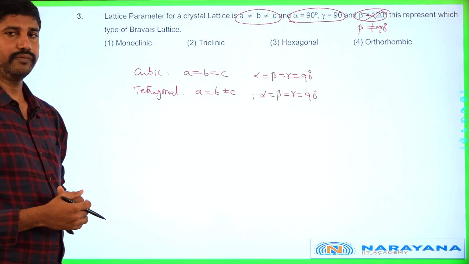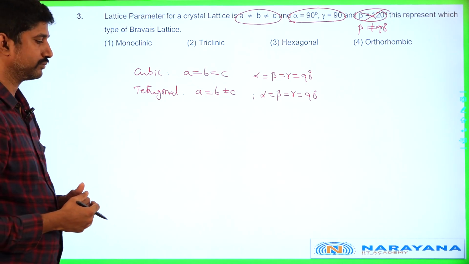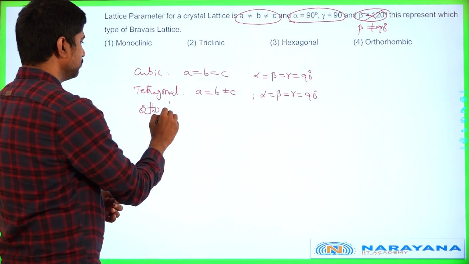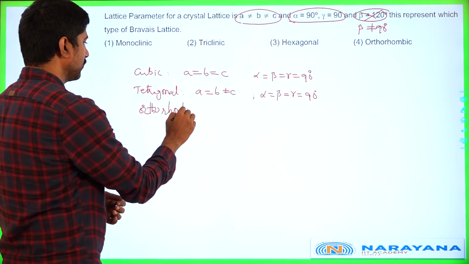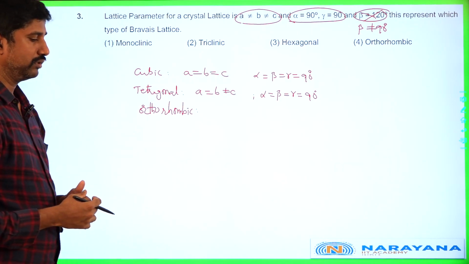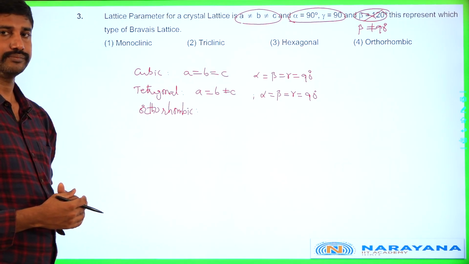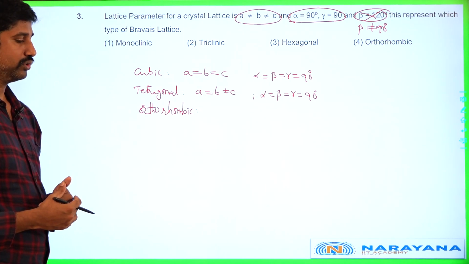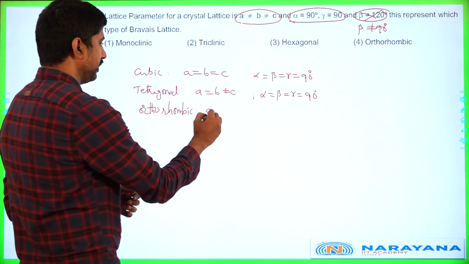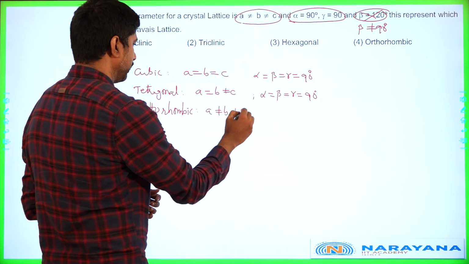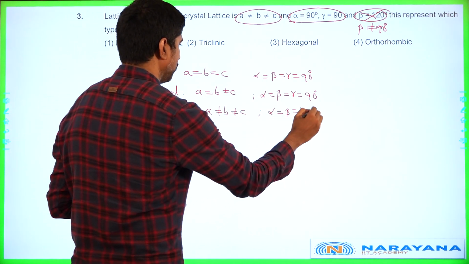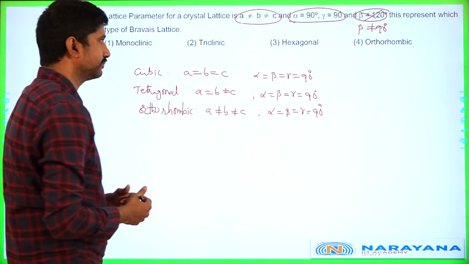And next, orthorhombic: a not equal to b not equal to c, and alpha, beta, gamma are equal to 90.